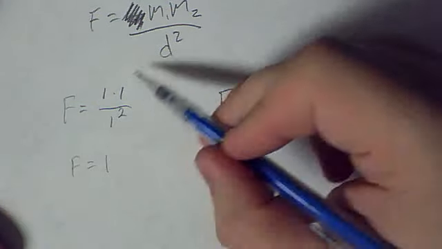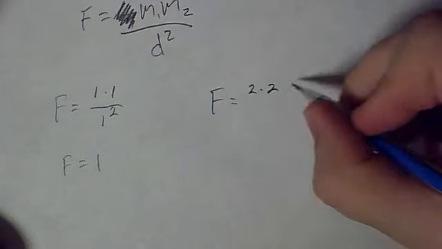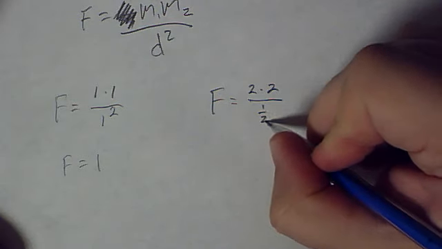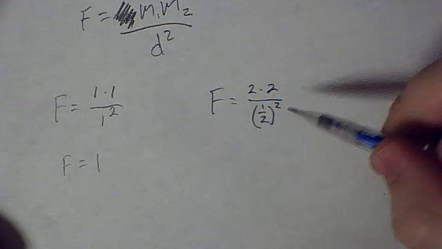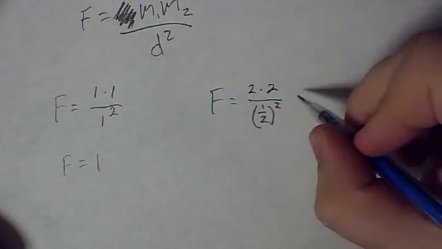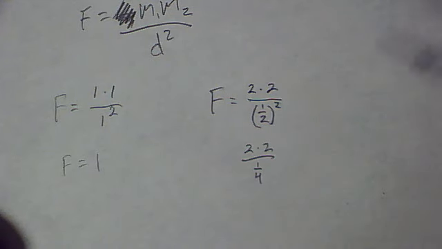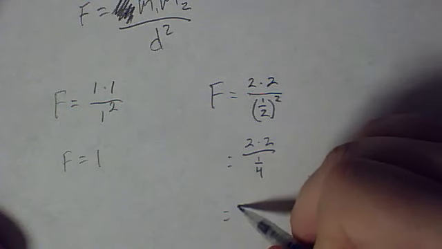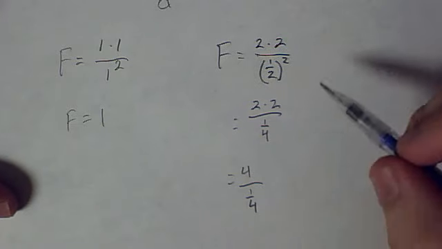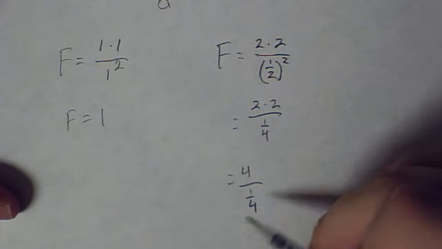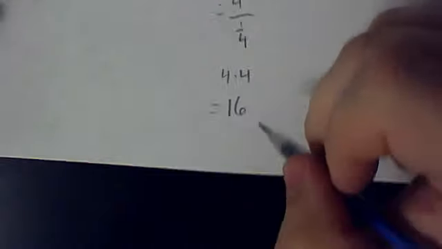Now, in my second situation, what happens if I double both of my masses and cut my distance in half? Well, if the distance is cut in half, 1/2 squared is 1/4. So 2 times 2 is 4 divided by 1/4, and when you divide fractions, you multiply by the reciprocal, so that's 4 times 4, which is 16.